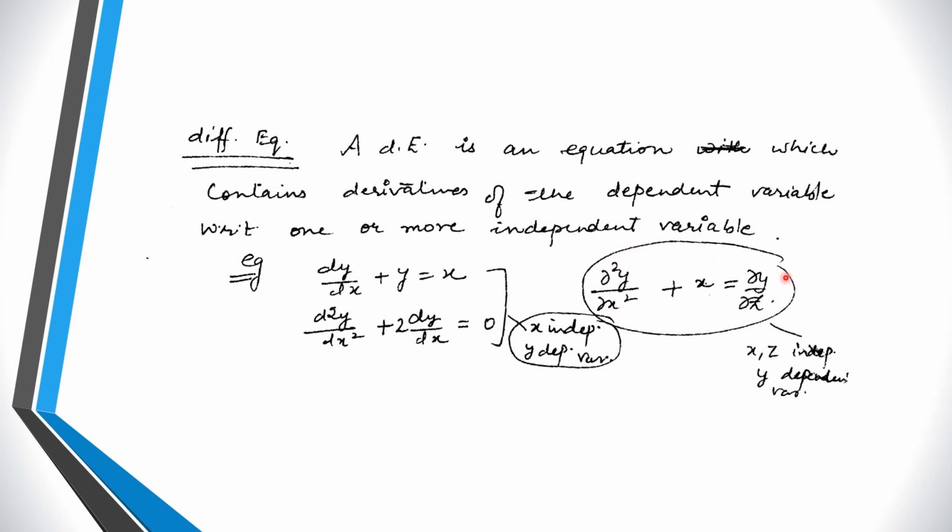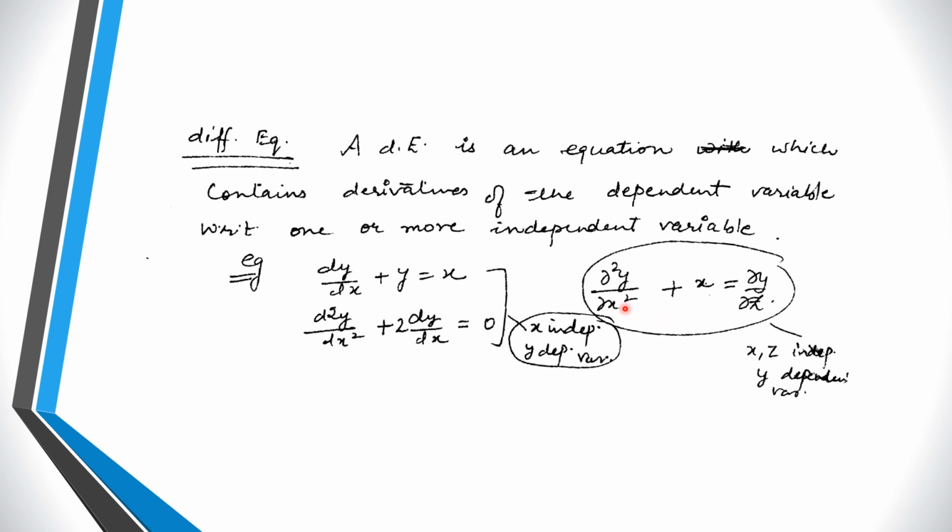This is one more example of a differential equation. Here the independent variables are more than one. Here we have x and z. They are both independent variables and y depends on both these variables. So in this case we will get the derivatives of y with respect to x as well as with respect to z, so we will get partial derivatives.